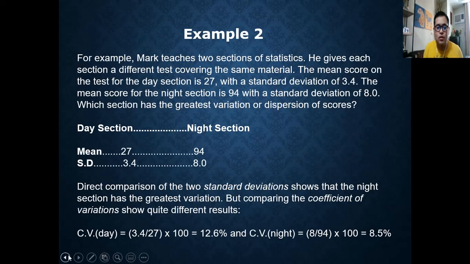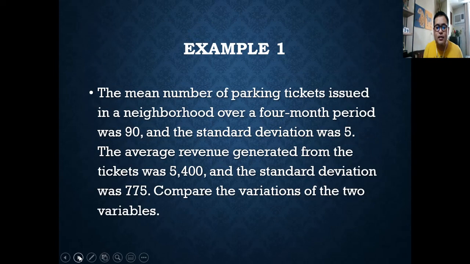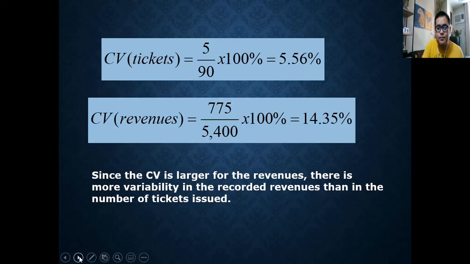To find the solution for this, get first the CV of the tickets. So we have 5 over 90. Since the standard deviation is 5 and the mean is 90, times 100, we have 5.56%.